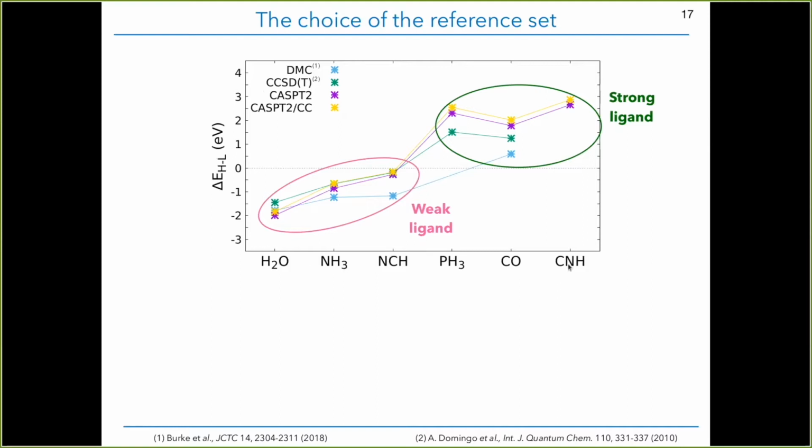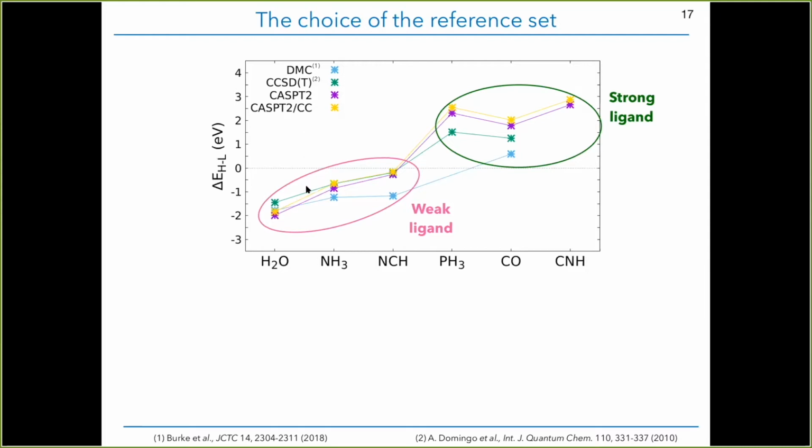What we can do now is consider the set of our complexes, dividing them between weak ligand and strong ligand complexes. Within the set of the weak ligand complexes, we can expect that the multi-configurational character of the wave function is small. And so coupled cluster does represent a good standard reference method.